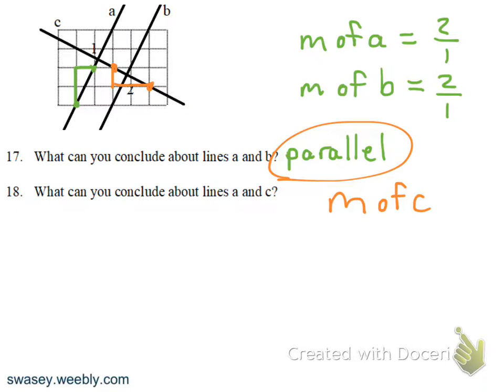Slope of C, -1 over 2. And so those are opposite reciprocals when we compare C and A. Opposite meaning change sign, reciprocal meaning flip. So these are perpendicular. So we can say line A is perpendicular to line C.